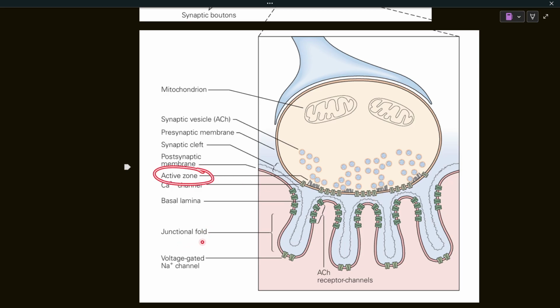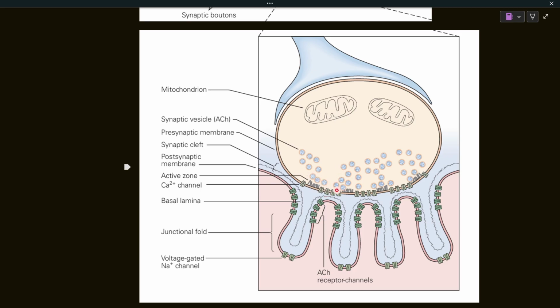The active zone has particular characteristics. On the active zone, the concentration of voltage gated calcium ion channels is very high. We'll see why. The active zone is the region of the presynaptic membrane where the synaptic vesicles are clustered.